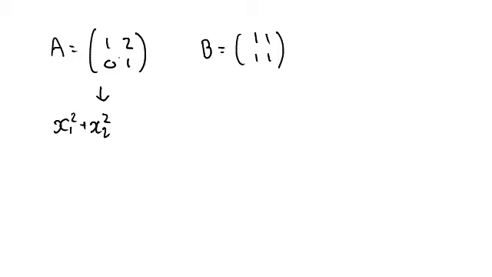Then, to get the cross product, I sum the off-diagonal elements, so this is 2x1, x2. In this case, I get x1 square plus x2 square. And if I sum the off-diagonal elements, it's also 2. So I get 2x1, x2. So what we can see is that two different matrices may actually give rise to the same quadratic form.